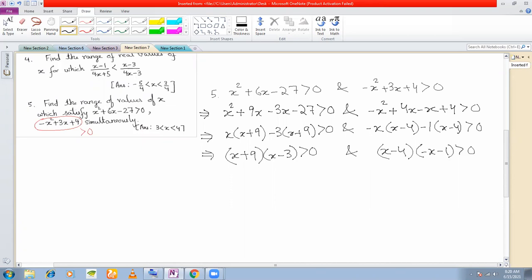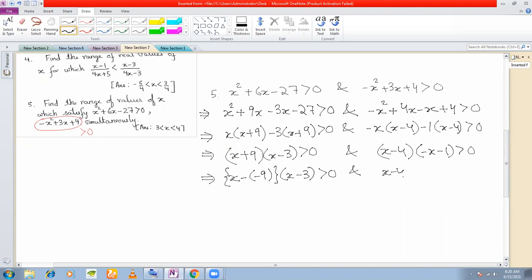This is what you are getting. So now see here, x plus 9 can be written as x minus of minus 9, x minus 3 as it is. Now here you can see that you're getting a minus of minus x minus 1.